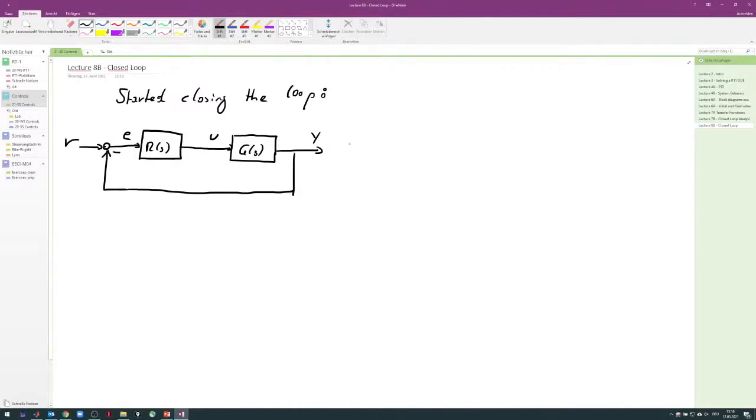So obviously we have learned, when we talked about system dynamics, that G of S is our system we want to control, right? And this G of S has poles and zeros. When we calculate the poles and they are conjugate complex, then it's oscillating.